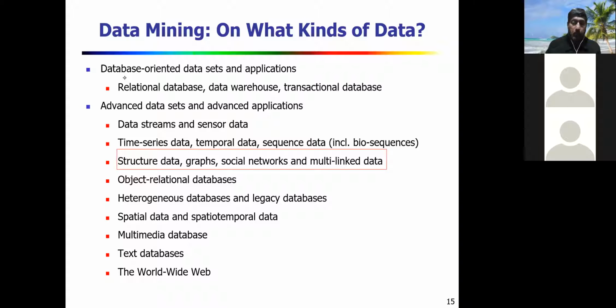Some data can be more structured like graph data or network data. So mining such would then be graphical data mining or graph data mining. And of course, data mining can be done on multiple different types of data as well. Not necessary that you do data mining on only one type of data.